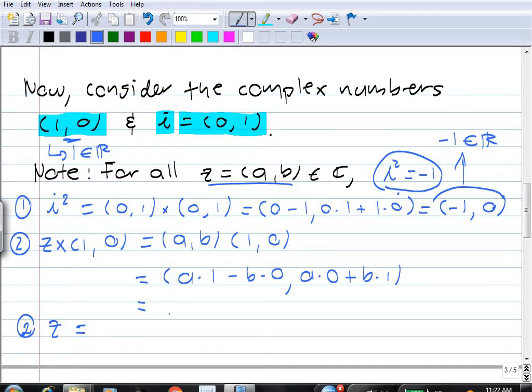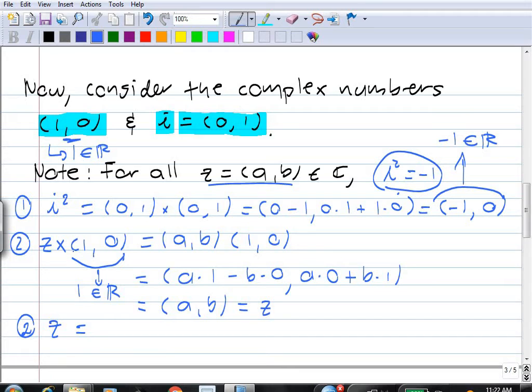So all that this gives us is (a, b), so z. Right, so we see that multiplying any complex number by this complex number (1, 0), which again, remember, is the complex number we associate with the real number 1, has no effect.